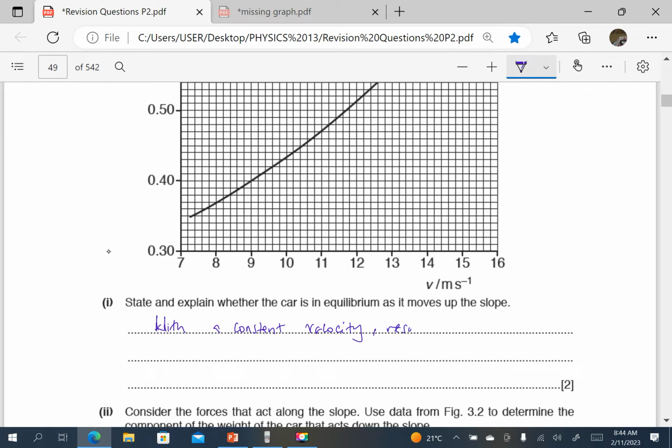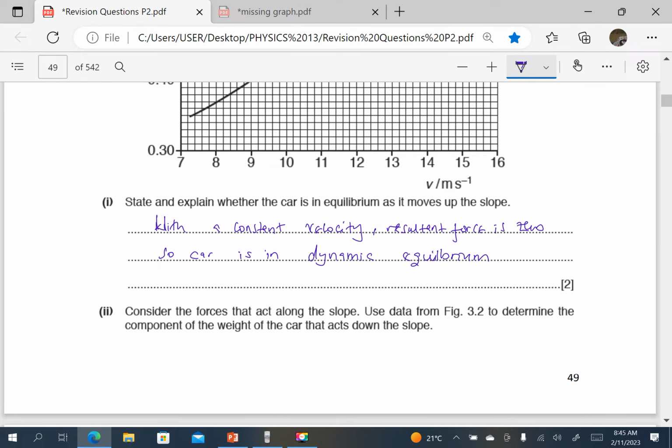With a constant velocity, the resultant force is 0, so the car is in dynamic equilibrium. So when a body is moving but at a constant velocity, we say it is in dynamic equilibrium because the resultant force is going to be 0.